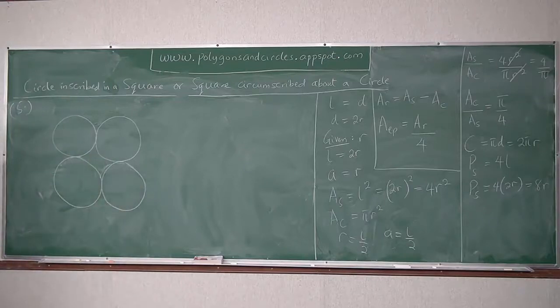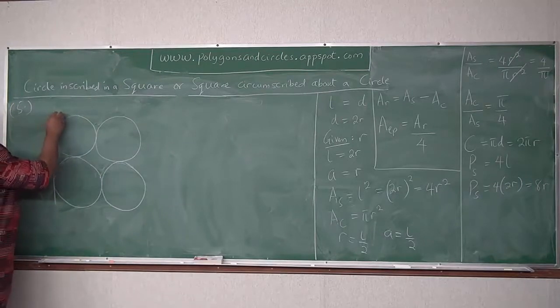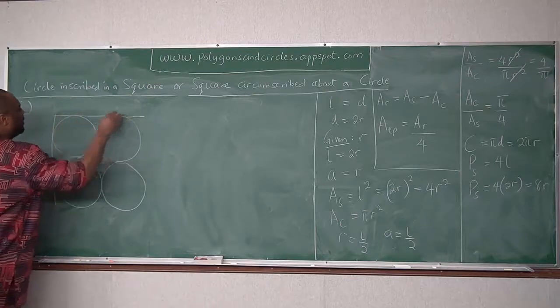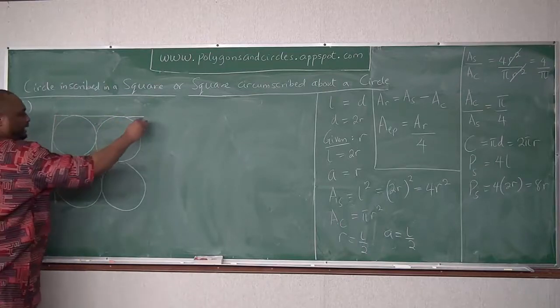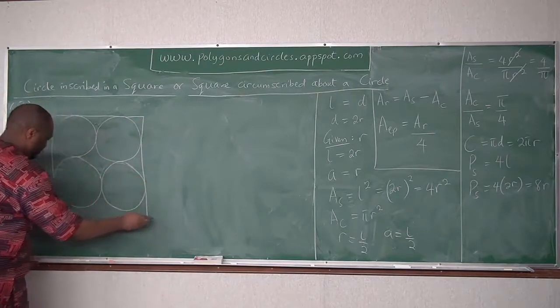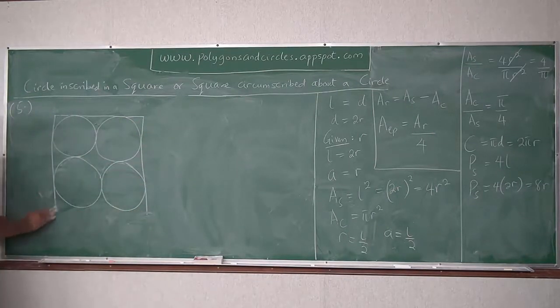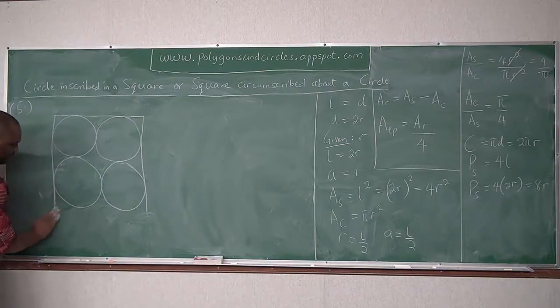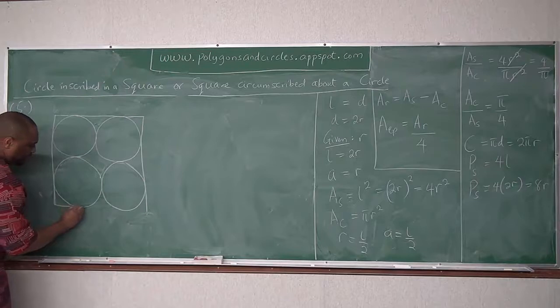I hope you guys manage it. So we have a square, 4 identical circles, not 4 identical squares. Manage the diagram, because I don't want to waste a lot of time drawing this.